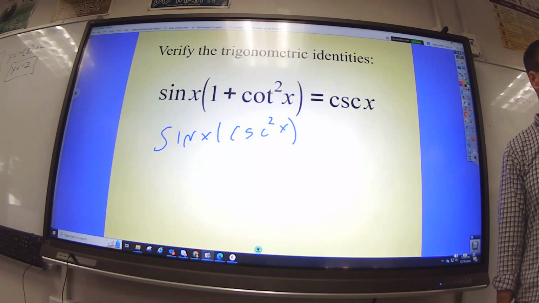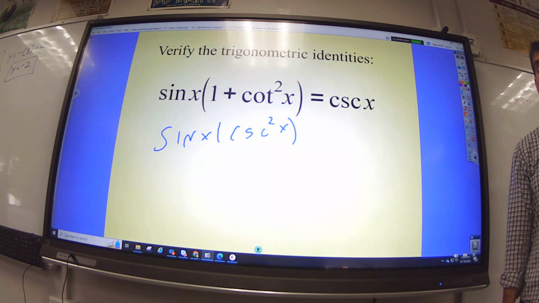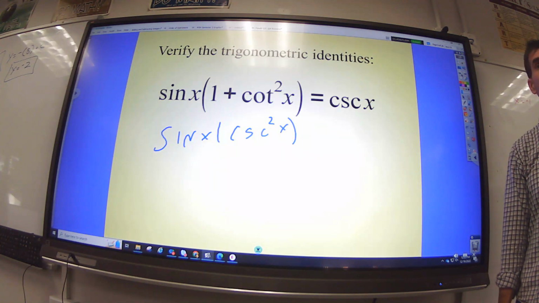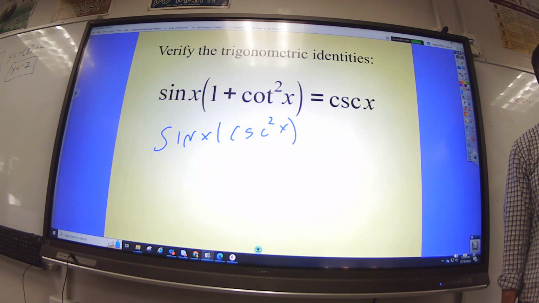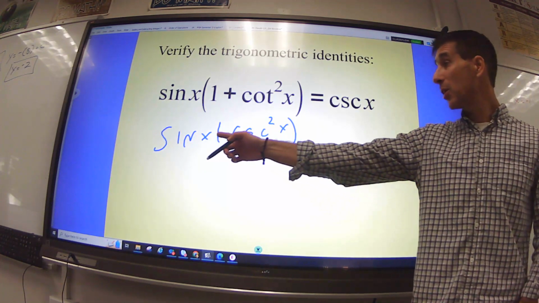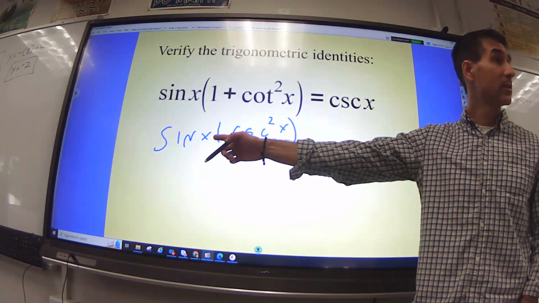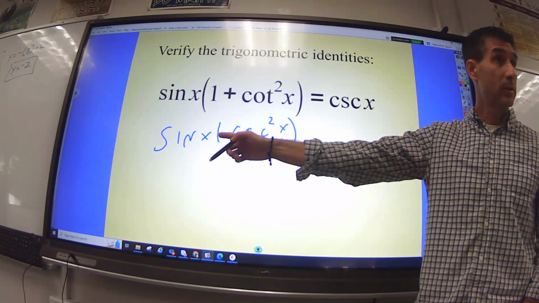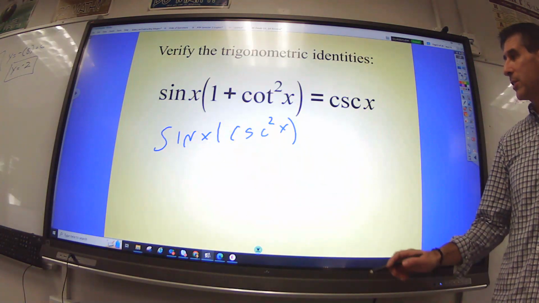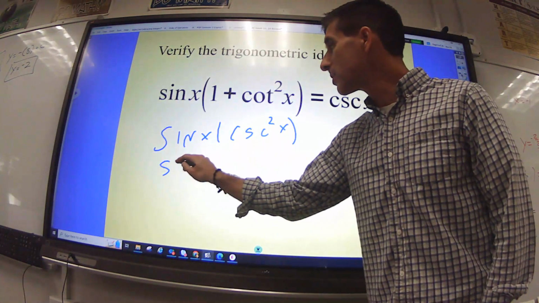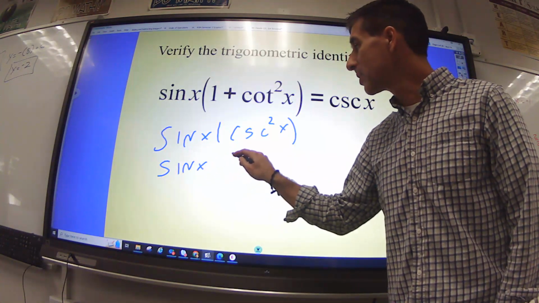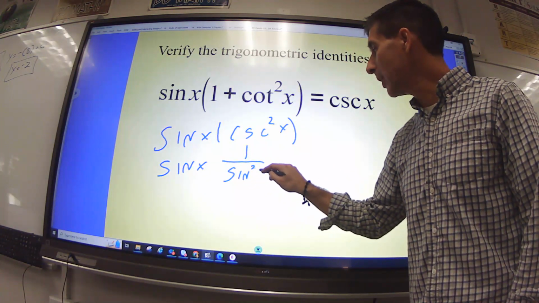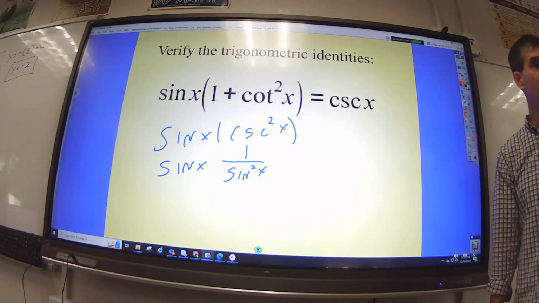Now, change everything to sine and cosine. I did see some people on the test change this to cosecant. Can you do that? You can. Sure. Another way to do it, right? I'll do it if we want. However, let's change everything to sine and cosine. This is sine x times 1 over sine squared x, right?